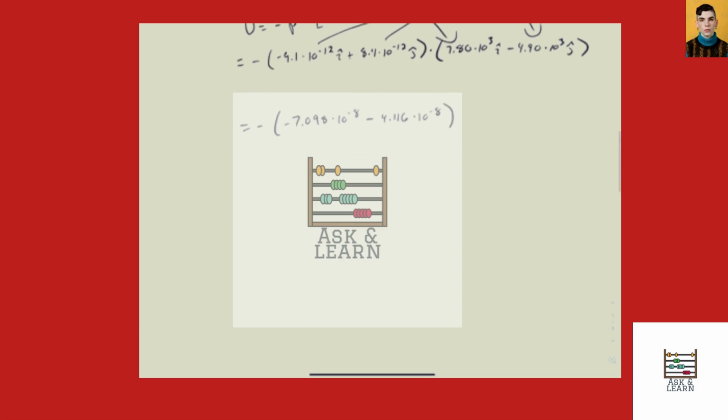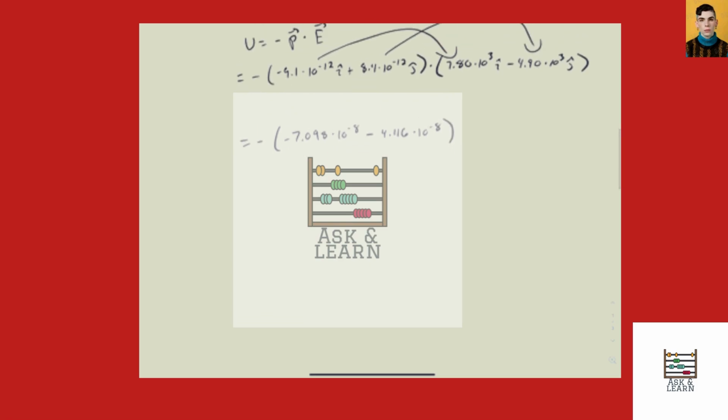And this is a scalar. And these two sum to negative, and then we take the opposite of that, so we get a positive 1.12 times 10 to the minus 7.